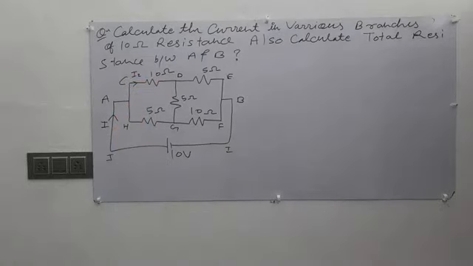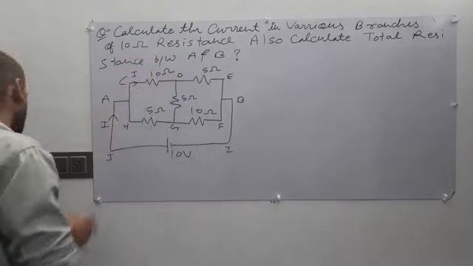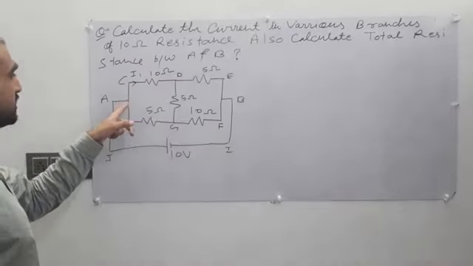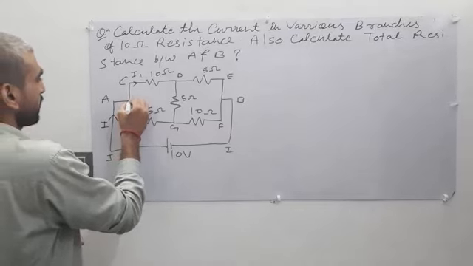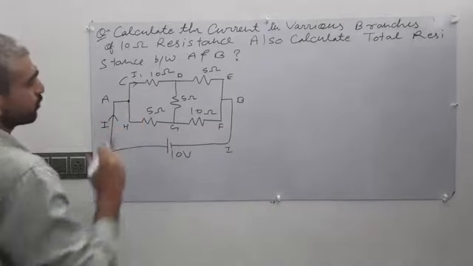In this branch the current flowing is I1, because at a point the current divides into these two branches.